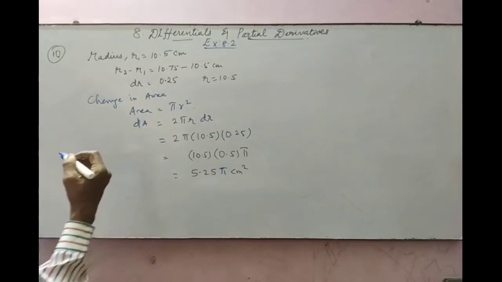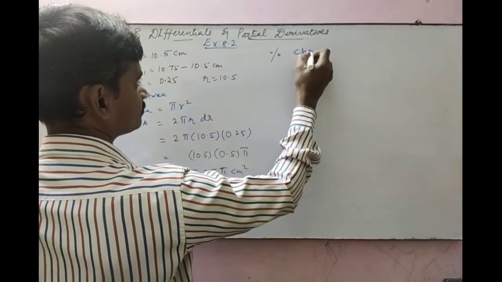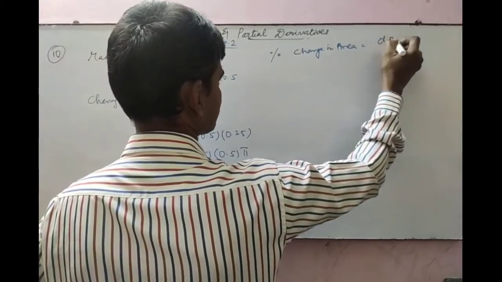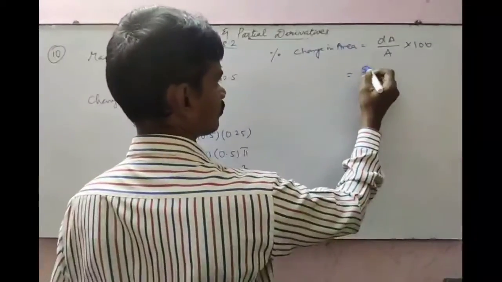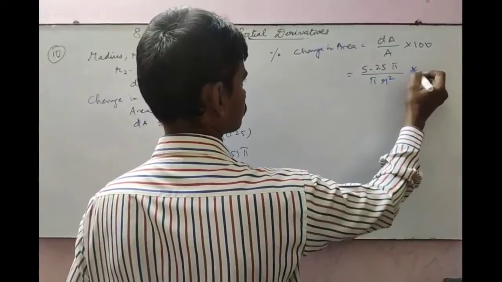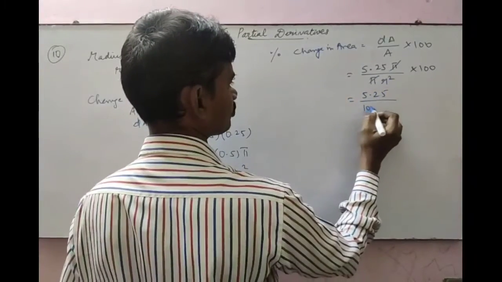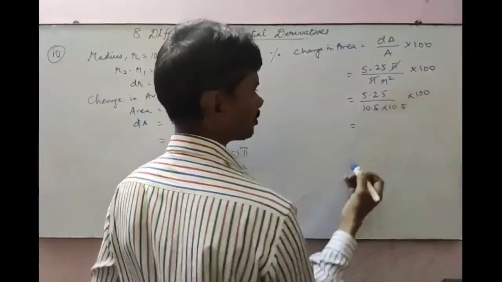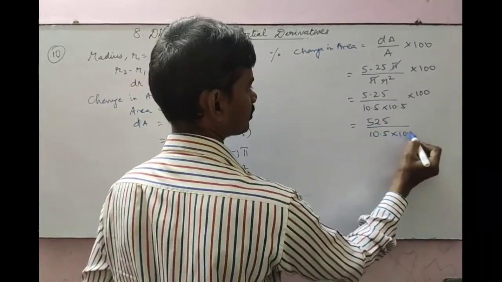Then they ask you to find the percentage change in area. The percentage change in area is change in area, that is dA by A into 100. Here we found dA as 5.25 pi divided by A, which is pi r square, into 100. Pi gets cancelled. 5.25 by r, that is 10.5 into 10.5, into 100. If you multiply this 100 with 5.25, you will get 525 by 10.5 into 10.5.